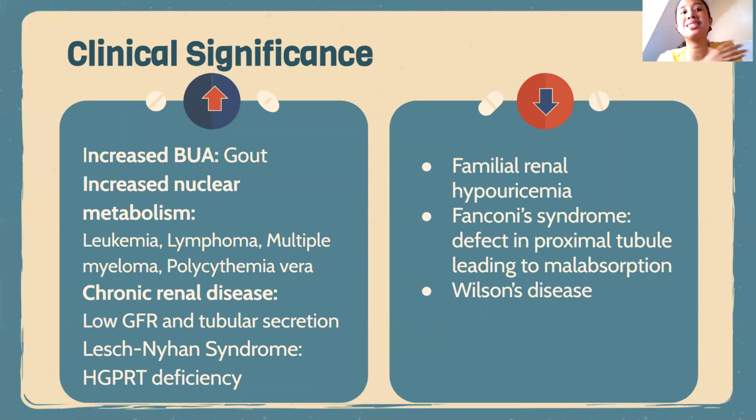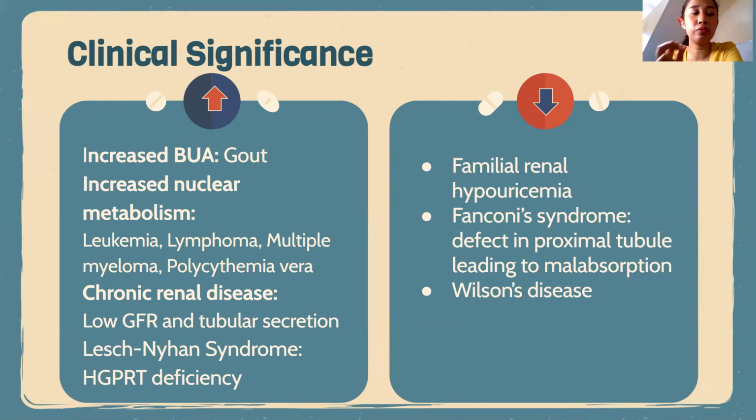With excess of these cells, they also die, so upon their breakdown, uric acid increases. In polycythemia vera, the opposite of anemia, red blood cells, WBCs and platelets are all increased. When these cells break down, there is increased catabolism and breakdown of purines, so these patients have a lot of uric acid.